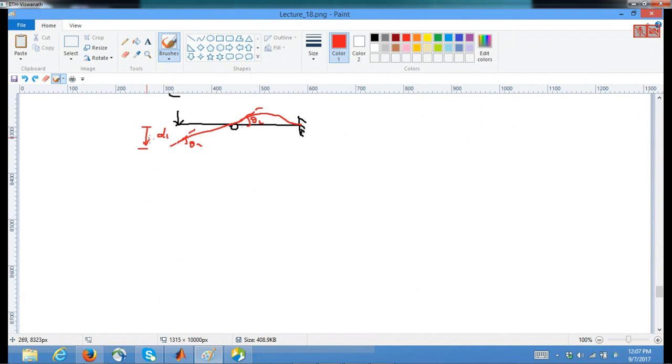This D1 is coming out to be minus 7 PL cube by 3EI, and this theta 1, which is in the positive slope, is 3 PL square by 4EI, and this one was PL square by 4EI. This would be the deflection profile obtained. So with this we will complete the example problem, and then we will go for the next one.